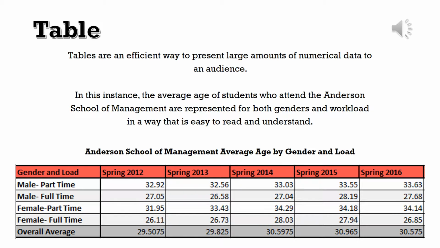And if I want to see specifically what female full-time students, what their age range was, I can look here and I can see that they were averaging about 28 years old. So the information is quick and easy to find by using a table to find our numeric data.